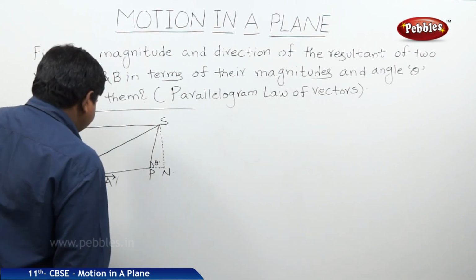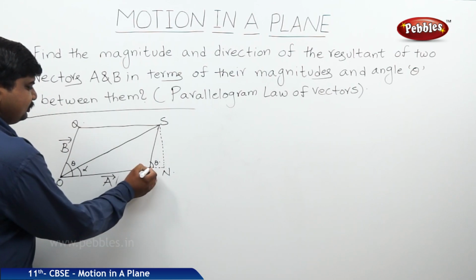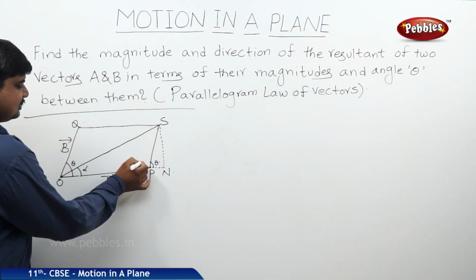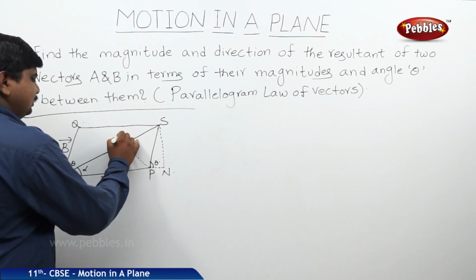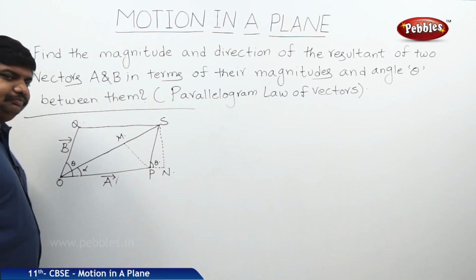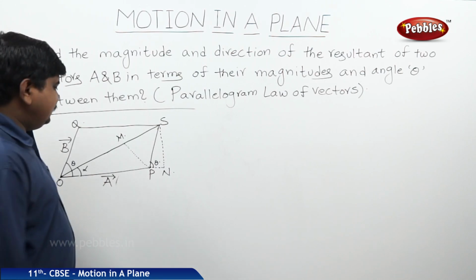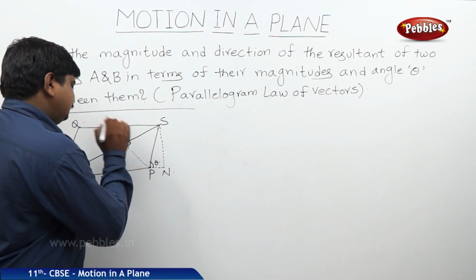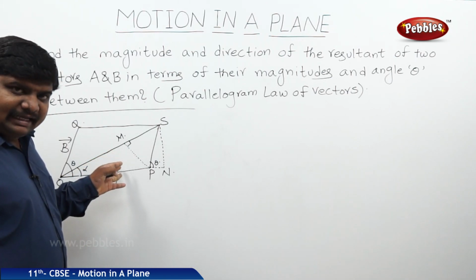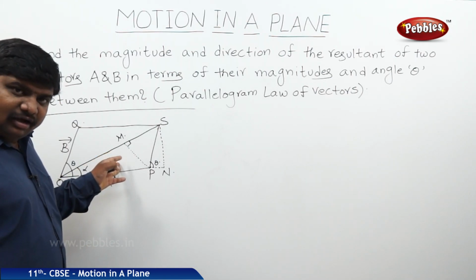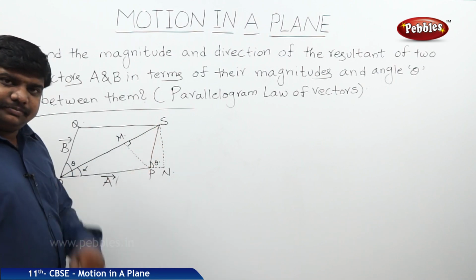So in this case, from point P, we should draw a normal towards the resultant vector, and this normal touches the resultant vector at a point M. And it is also making an angle here. Now we should use the law of triangles or trigonometric laws to find the values.